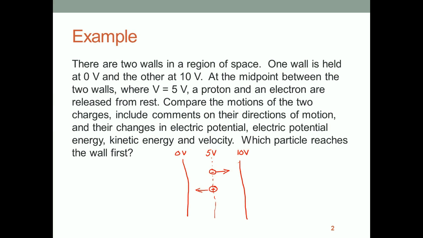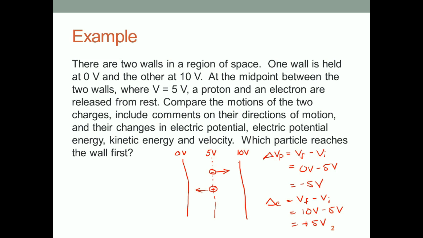Okay. Compare their changes in electric potential. Well, the change in electric potential for the proton will be its final potential minus its initial potential, which is 0 volts minus 5 volts, or negative 5 volts. The change in potential for the electron will be its final voltage minus initial voltage, which is 10 volts minus 5 volts, or positive 5 volts.